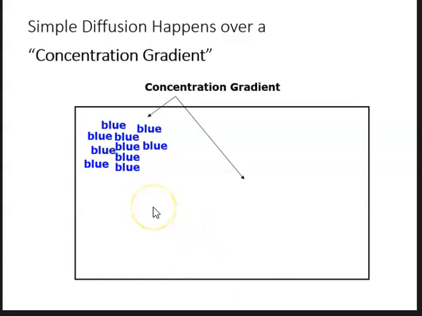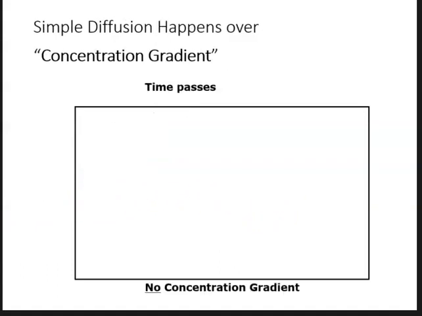So simple diffusion happens over a concentration gradient. We have that concentrated tablet in one part of the beaker, and the molecules will then spread out on their own over time. However, as time passes, there will no longer be a concentration gradient as the molecules have diffused out and dissipated within the solution.